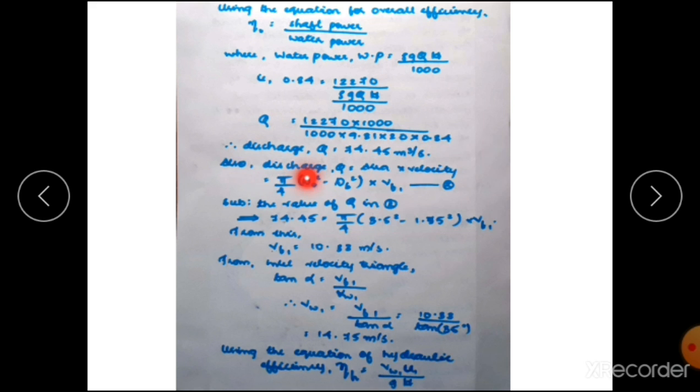Also, the equation for discharge is area into velocity, where area is pi by 4 into (D0 square minus Db square), and velocity is Vf1, the velocity of flow at inlet. By substituting Q as 74.45 meter cube per second in this equation, we get Vf1 as 10.33 meter per second.